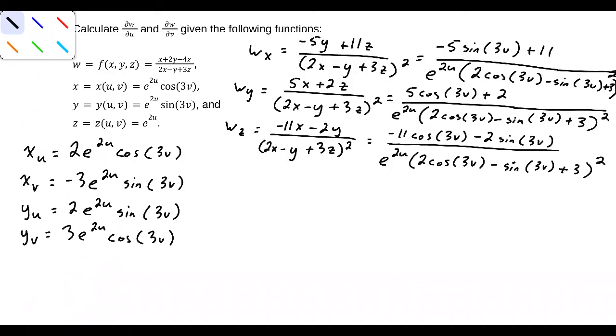And then we have zu, which is equal to 2e^(2u), and zv, which is equal to 0.